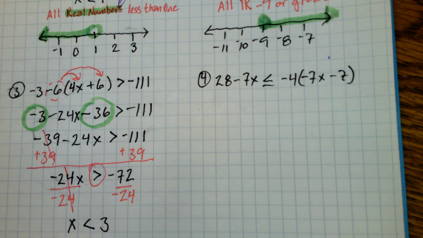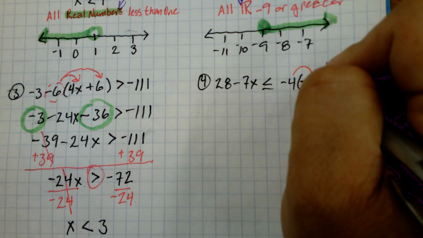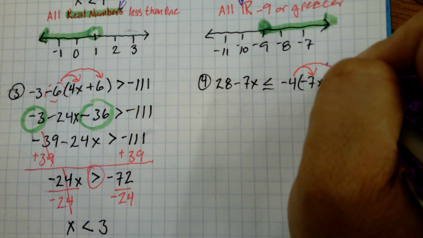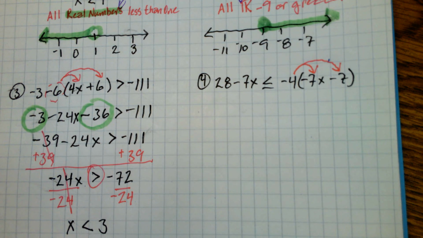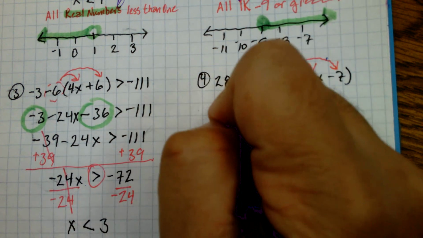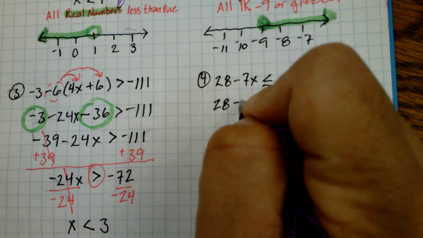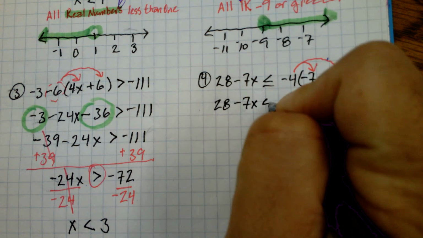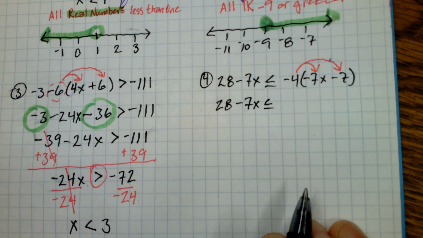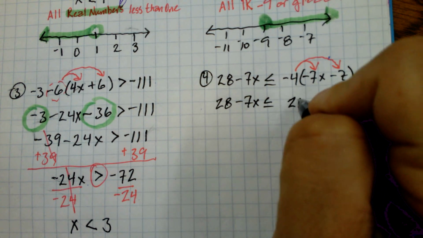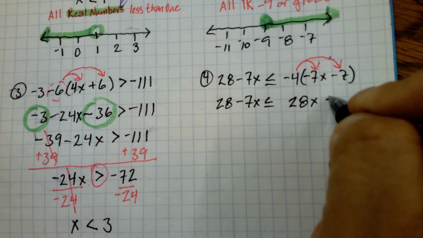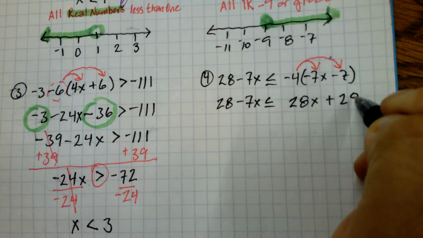So we still have to distribute. That's our first move. Let's do that. Okay, let's see what we get. Less than or equal to, yeah. 28x plus 28. Okay.